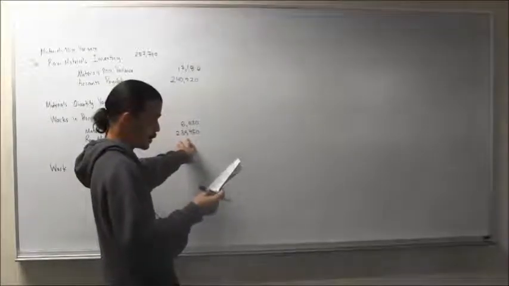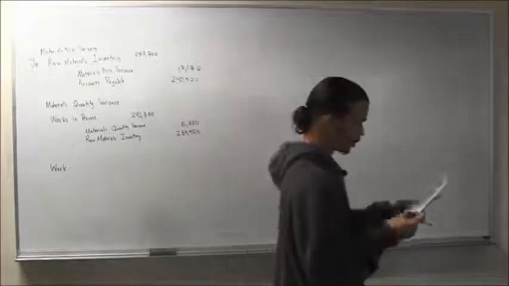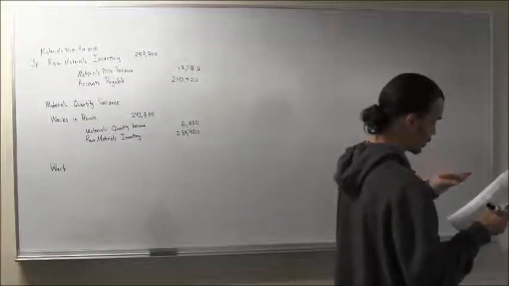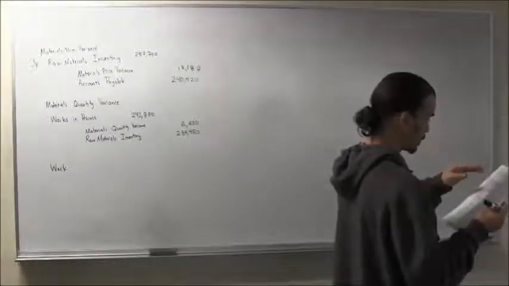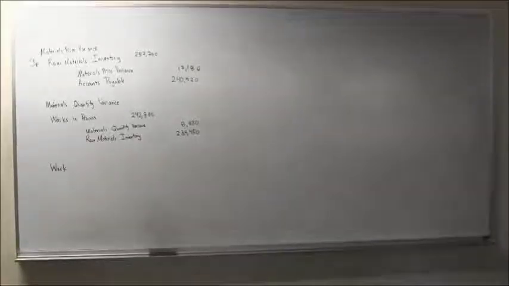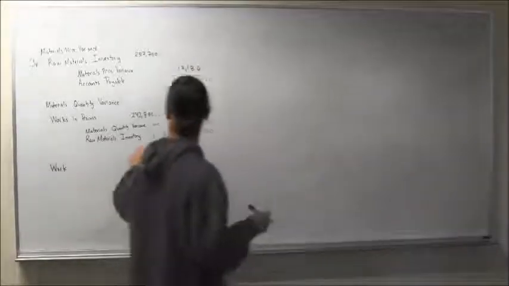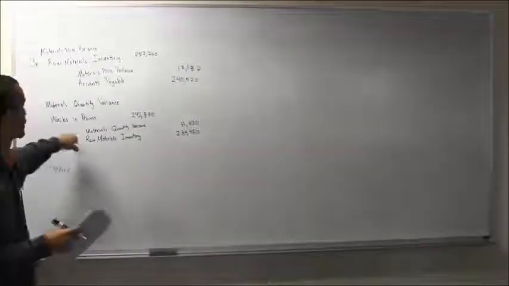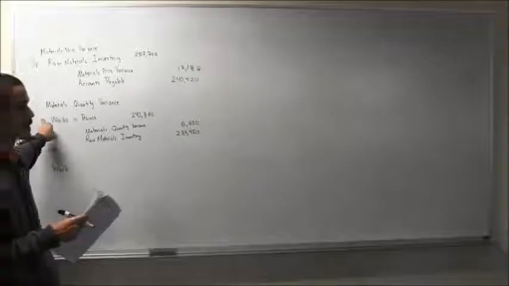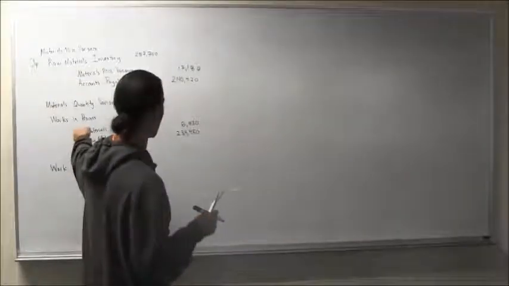The raw materials is going to be credited for the actual pounds times the standard cost. The actual pounds used in production times the standard cost. This is the standard quantity I should have used times the standard pounds.